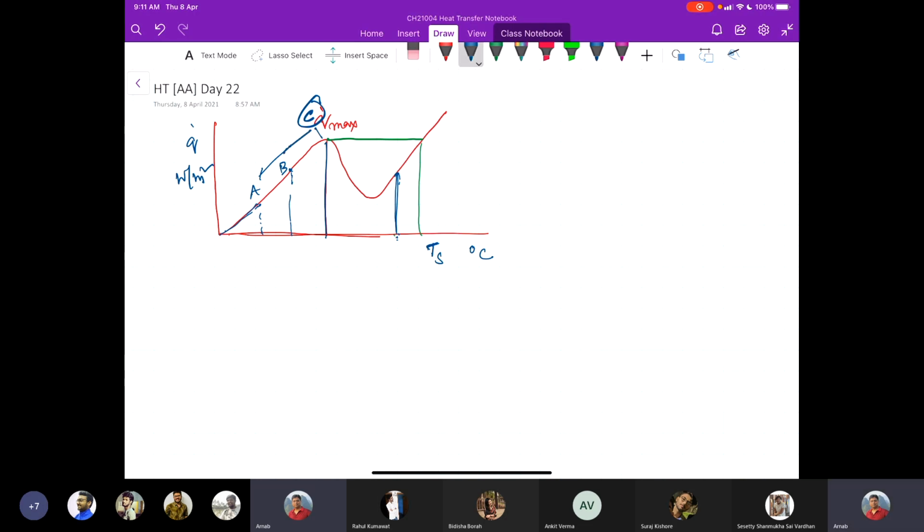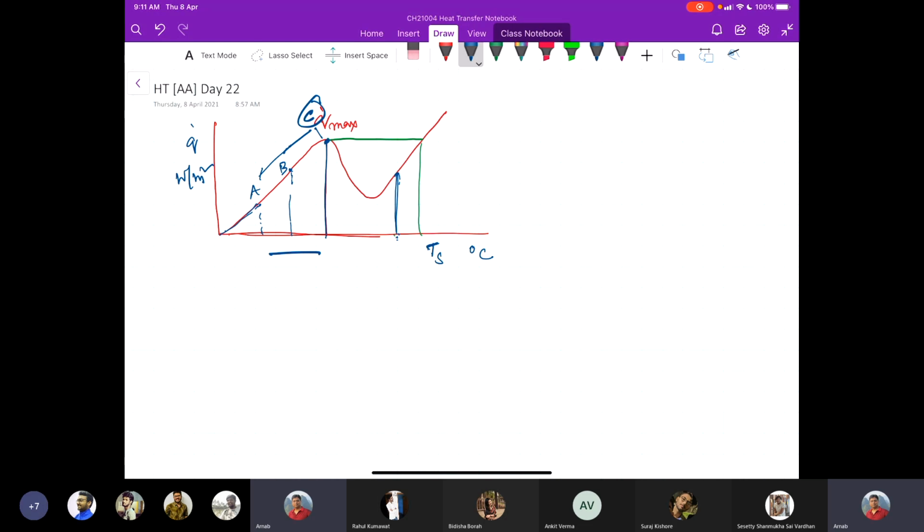So in this B to C range, what happens? The bubble now detaches from the surface and comes up to the gas-liquid interface. So C is the point where we get the maximum heat flux. We say the critical heat flux in boiling. That is particularly achieved in nucleate boiling.